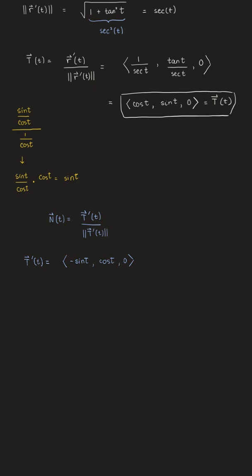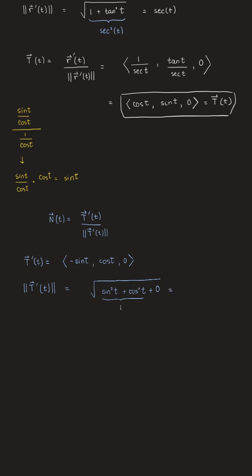We also need to find the magnitude of this vector in order to find our unit normal. And so this magnitude will be the square root of sine squared t. When we square the negative, it's positive, plus cosine squared t plus 0. And you might remember that this is another Pythagorean identity that tells us this is just equal to 1.